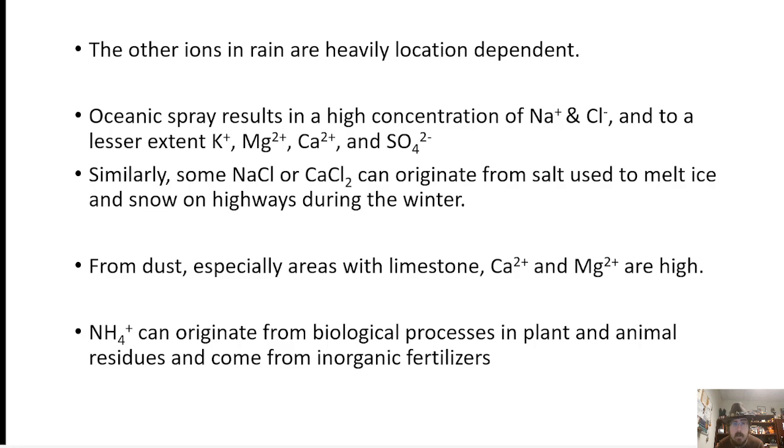Similarly, some sodium chloride or calcium chloride can come from, very apropos, the salt used to melt the ice and snow on the highways during the wintertime. Like right now, we're cleaning our sidewalks, we're dumping some of the salt on here to help reduce the freezing point of the ice so it melts more easily.